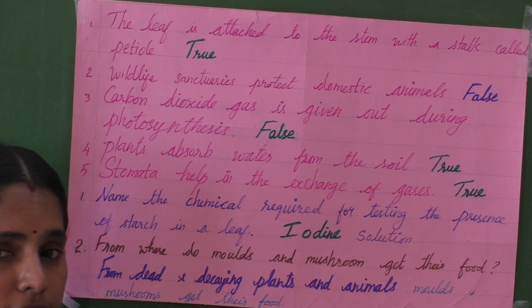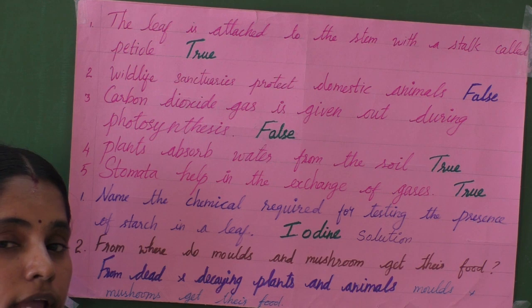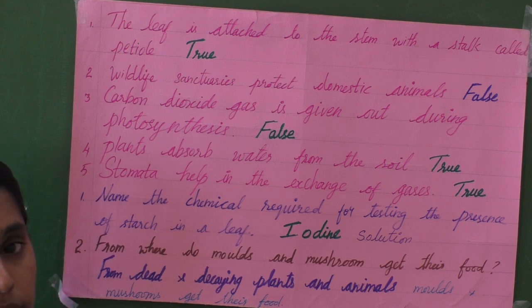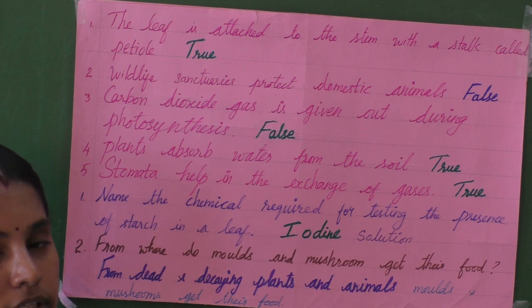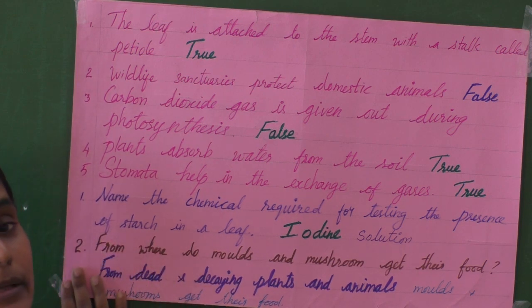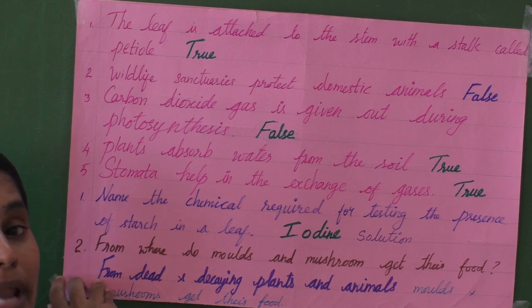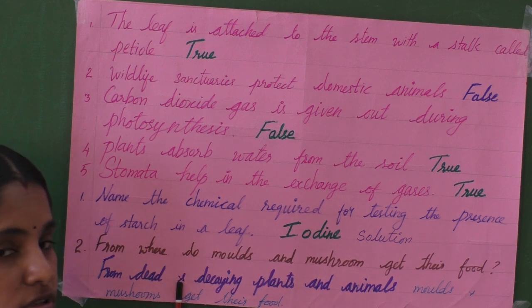Then how do they prepare their food? Mushrooms and molds are unable to prepare their food. So for their food they depend on dead and decaying plants and animals. You can write this symbol like this.